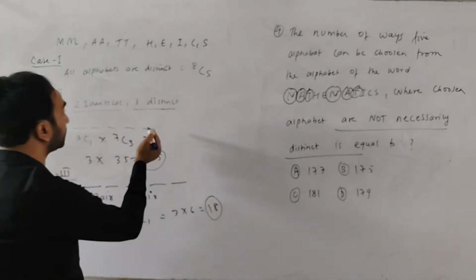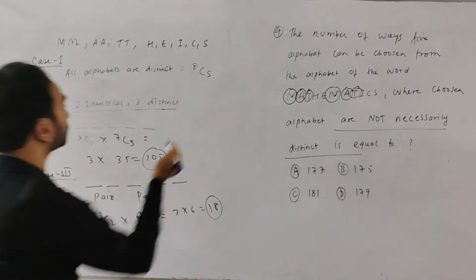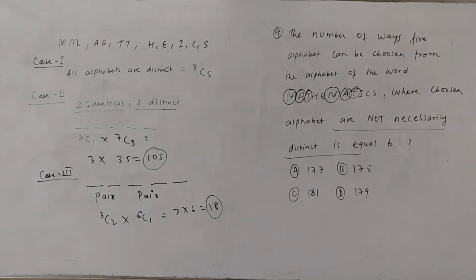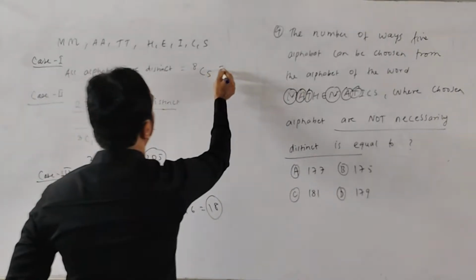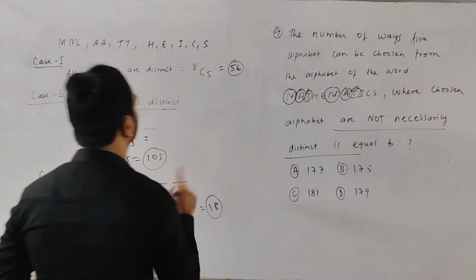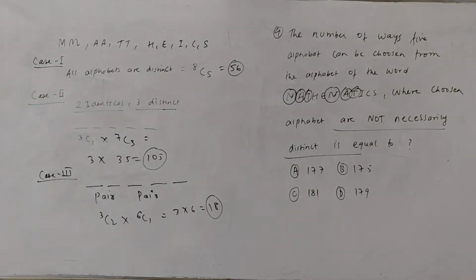Now add all. The first is 8C5. How much will it come? 8 into 7 into 6 divided by 6, so I think it will come 56. 8C5 is 56.